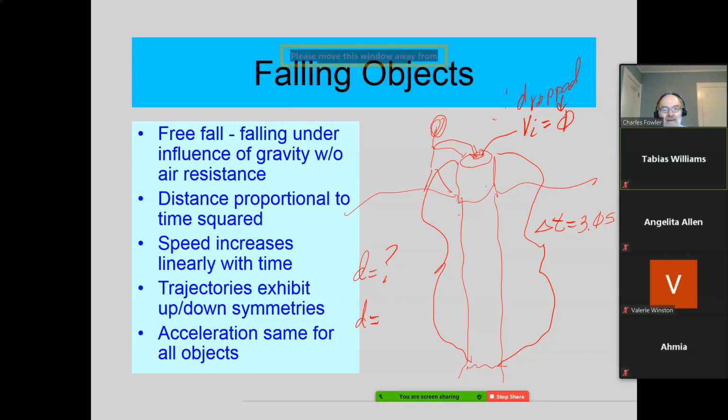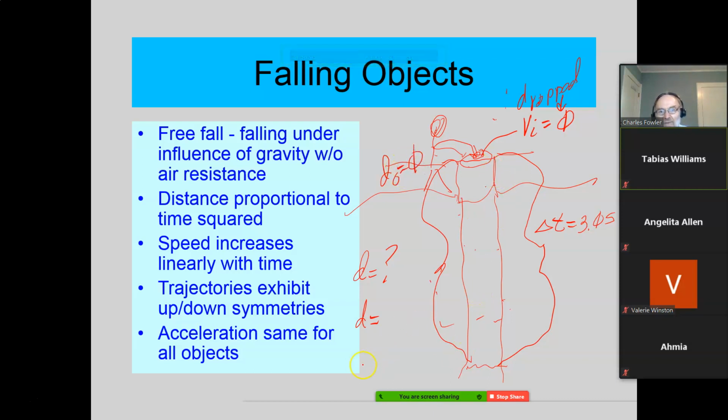Okay, now, since it says how deep is the well, and that's what we're measuring here, we're assuming this is D0, your initial position, and that's also 0.